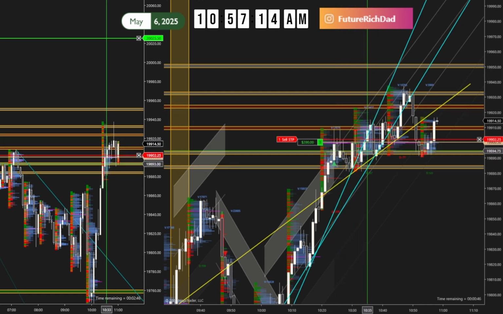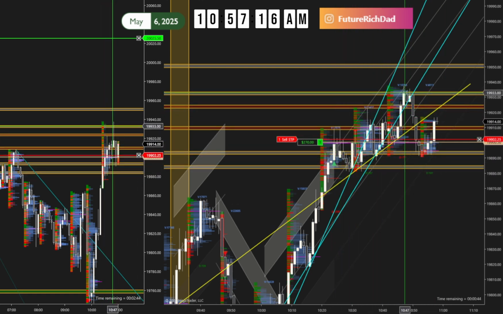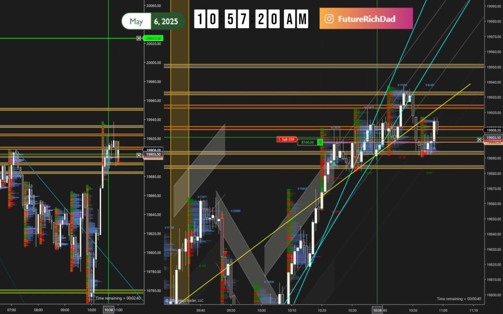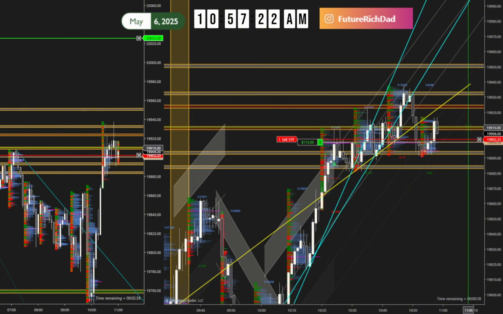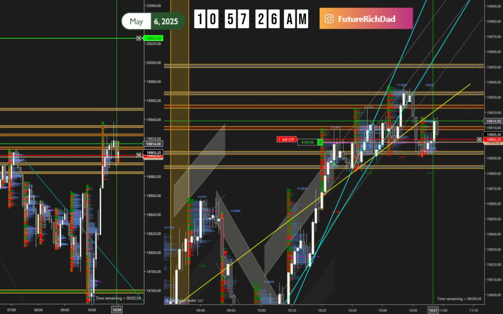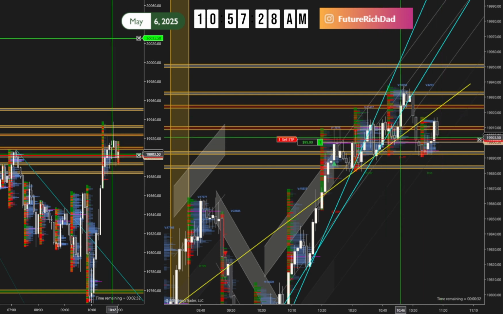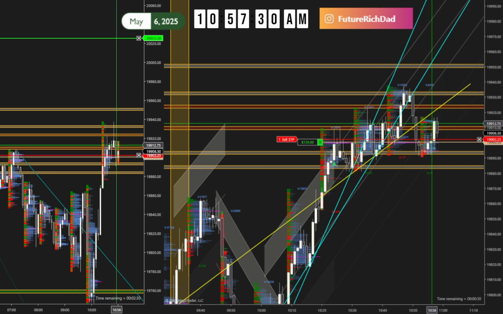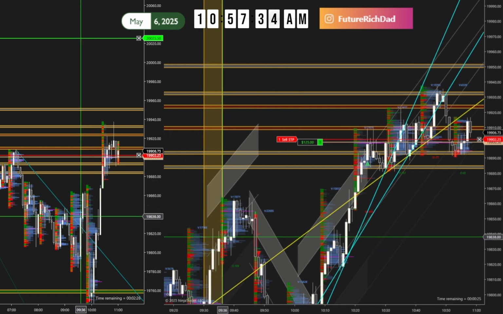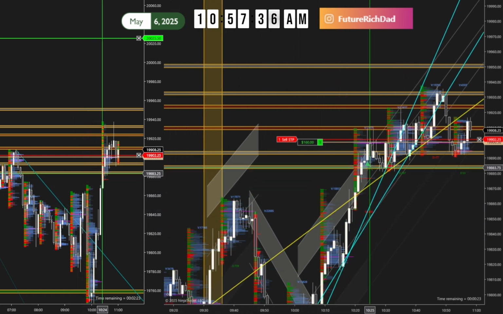And it looks like we are consolidating, so there is quite a bit of volume accumulation and transacting in this area. And if you can see, we are in this trend line, so this might be where price rejects off of, as you can see there. So we might have a line of projection from here to here.